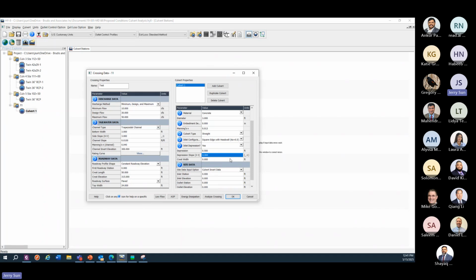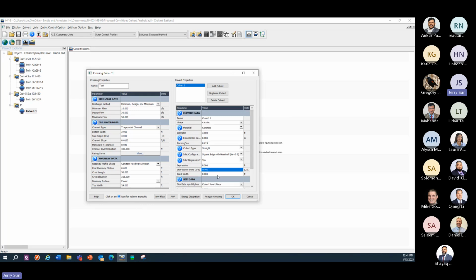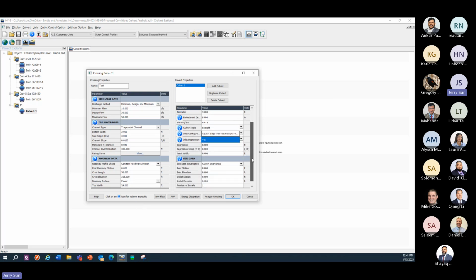We embed the whole length. So that's how this comes out. This is mostly just for large culverts and large streams, but for this one we don't.